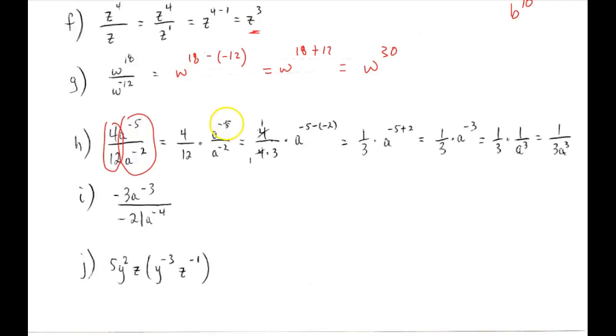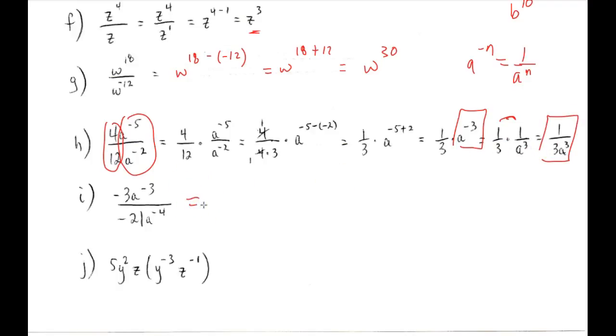For a raised to the negative 5th divided by a raised to the negative 2, we subtract the exponents, which gives us negative 5 plus 2, and it gives us a result of a raised to the negative 3 for the a part. So now we use this exponential rule here to rewrite a raised to the negative 3 as 1 over a raised to the positive 3. And then we just multiply these two things together to get this answer.